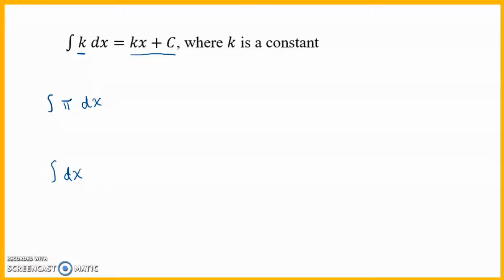So for example, the integration of pi will return pi x plus c. And integration of dx, this one is actually the integration of 1. So the result is x plus c.